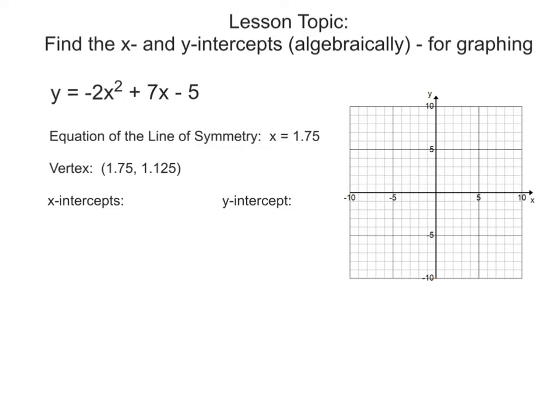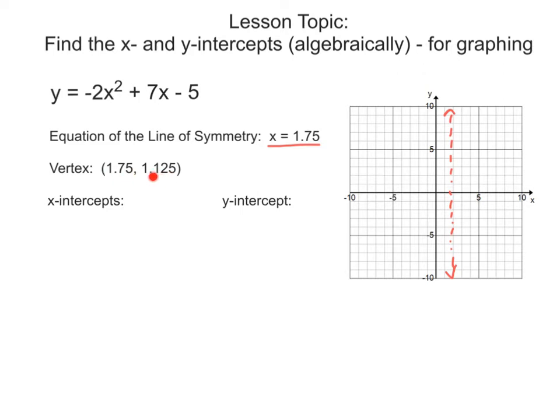If I were to graph right now the line of symmetry, x equals 1.75, notice that 1.75 on the x-axis is right around here. So if we drew a vertical line right through there, and I'll do my best again on my iPad to do that. Okay, something like that. It's a little bit off at the end there. So that's a vertical line at x equals 1.75, and we know the vertex is always on the line of symmetry because it cuts it into two congruent parts on either side.